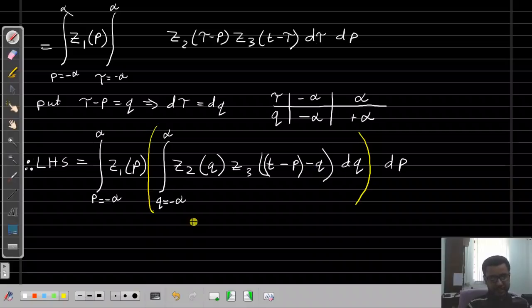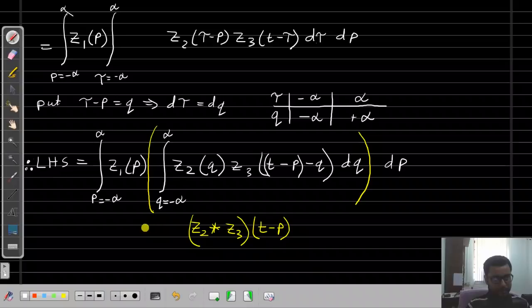So this is nothing but z2 star z3, but this is not a function of time. This will be a function of this t minus p. Okay, so this is this inner part.